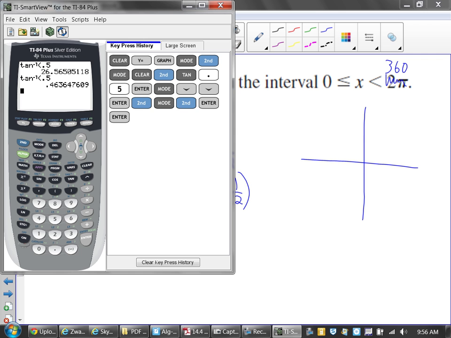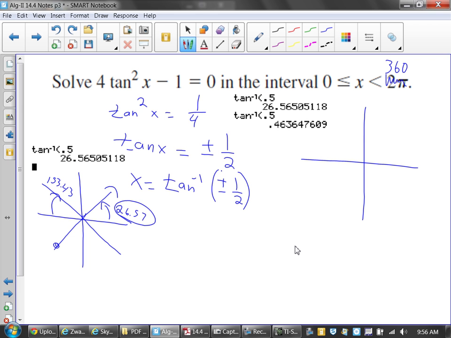So think about what that means. If this answer now is 0.46 in radians, we know it's first quadrant. What would I do to that decimal value to get down here? What would I have to add to it? Pi. Very good. In order to get to the third quadrant, I'd have 0.46 plus pi, and I can leave it like that.